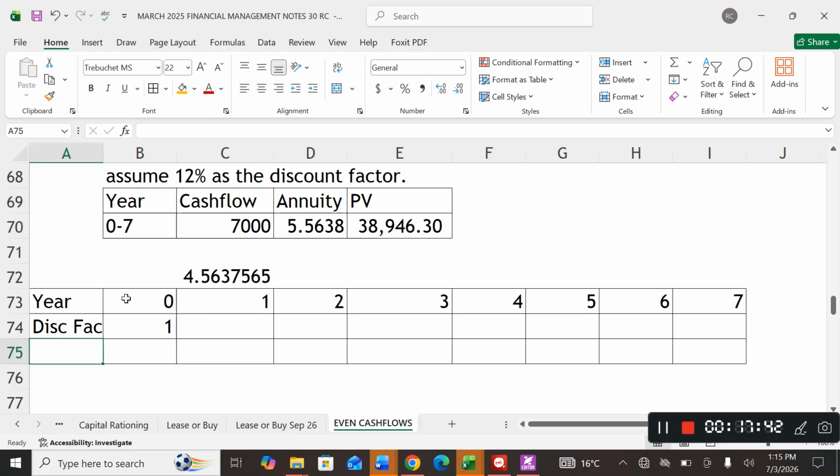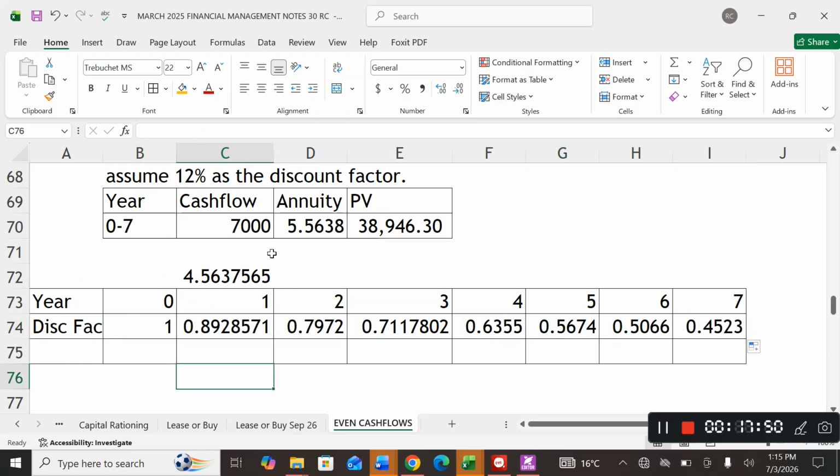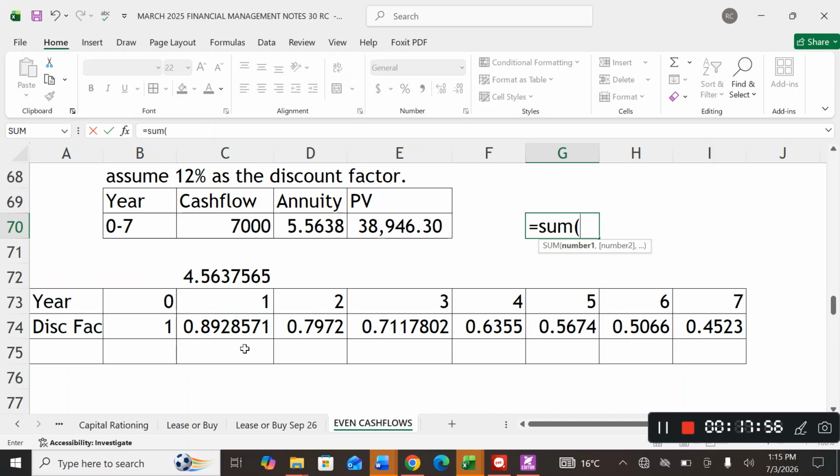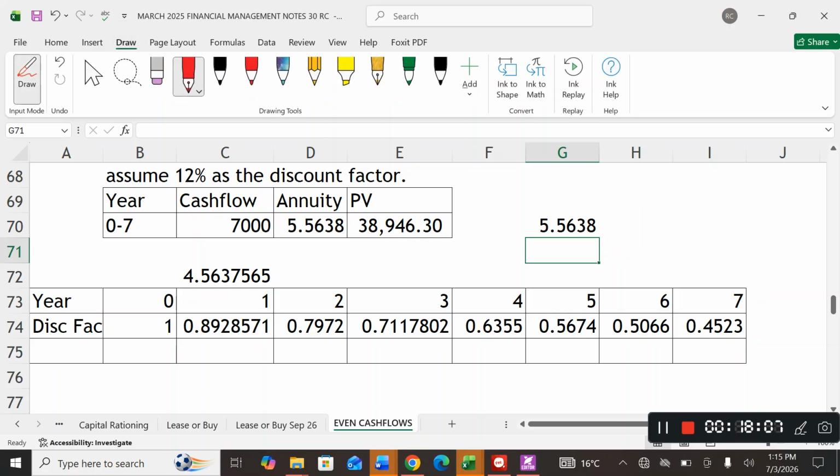This should return 1. That's the one that I've added, and I drag up to year 7. If I sum all my discount factors from year 0 to year 7, I have the same annuity factor that I've calculated here.